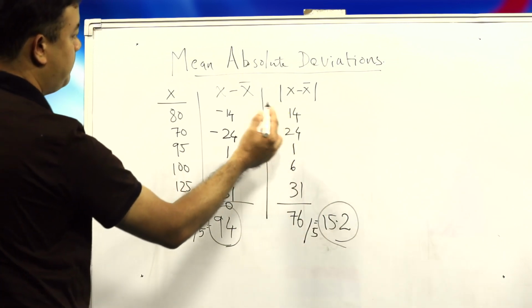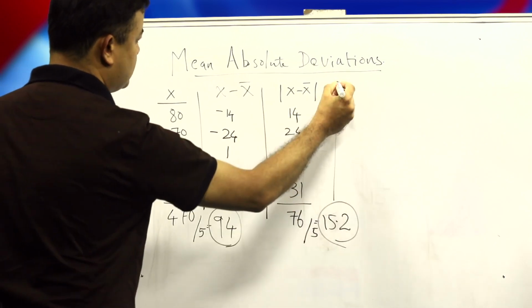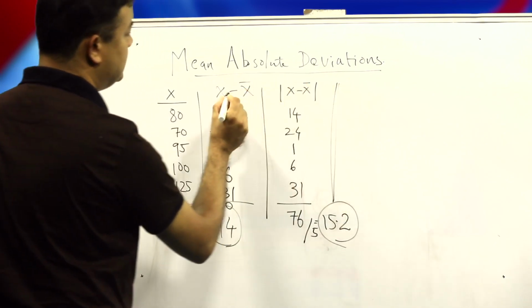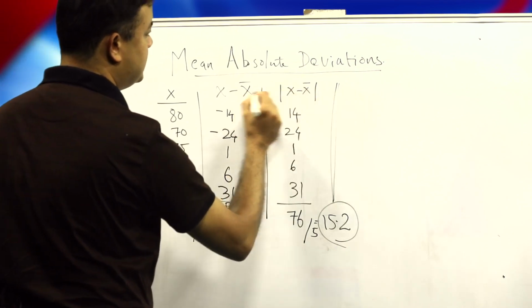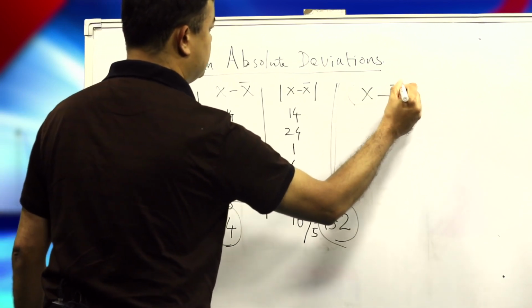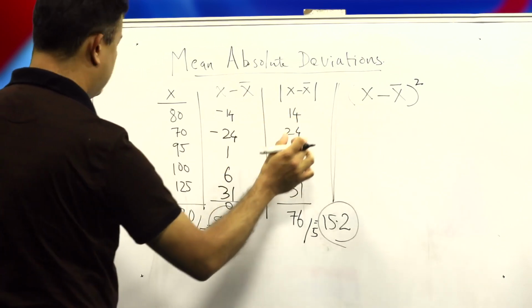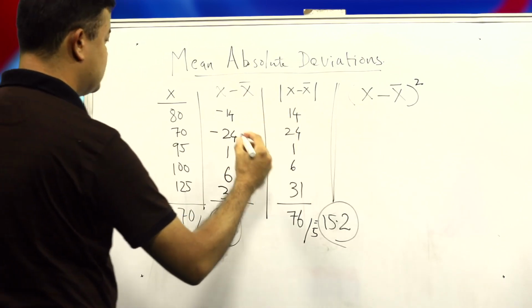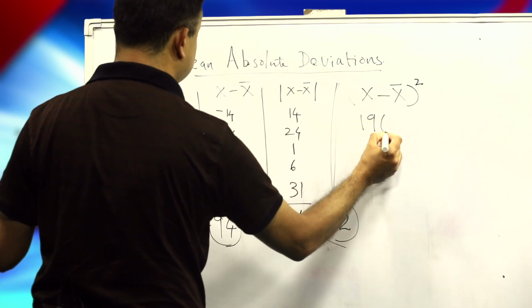So instead of this step, we draw the next column. Instead of the absolute value of x minus x bar, we are just squaring it. So that is x minus x bar squared. You are squaring these values into this column. Let us square it one by one. The first one is 14, which squared is 196.